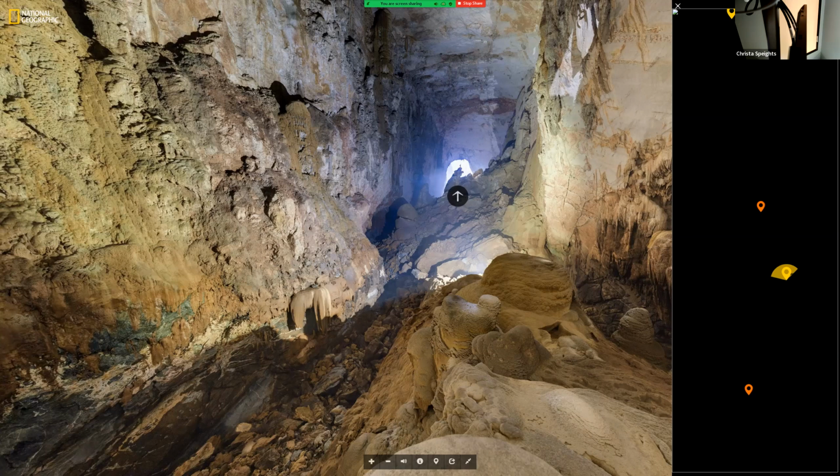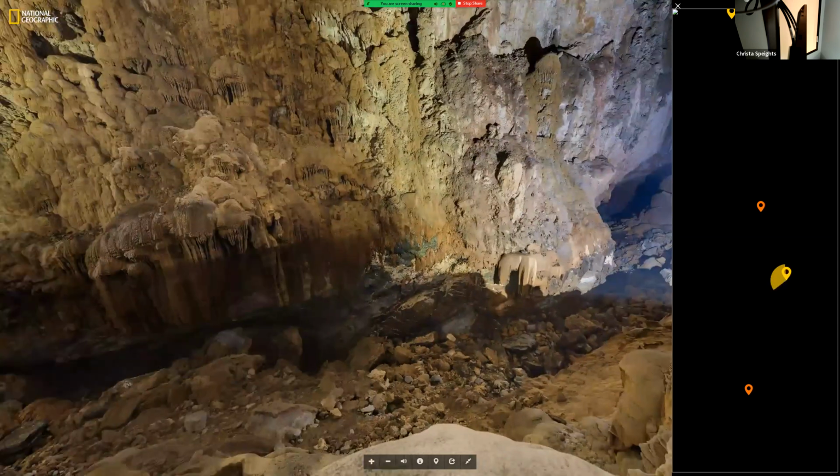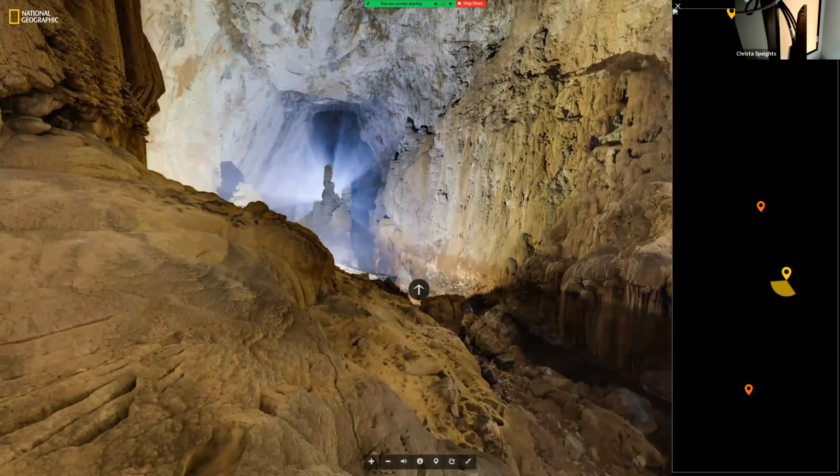That stalagmite out here is called the Hand of Dog. It is more than 70 meters tall, so it's about a 200-foot tall stalagmite, which they think is probably the tallest stalagmite in the world.